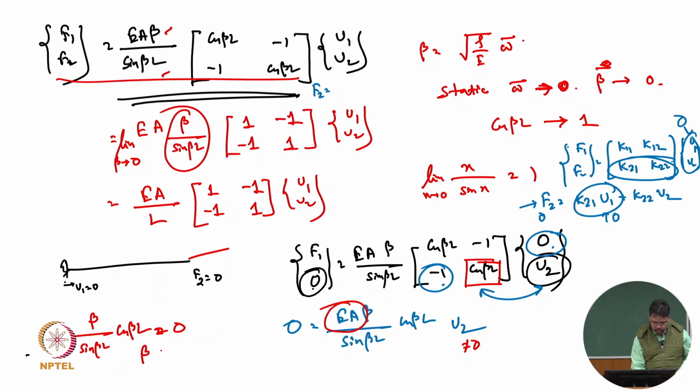This one into cot beta L should be equal to 0. Quite interesting. Cot beta L should be equal to 0. We can also say that beta is not equal to 0, because if beta equals 0, that means omega bar equals 0. So beta cannot be 0, and this also says cot beta L equals 0.